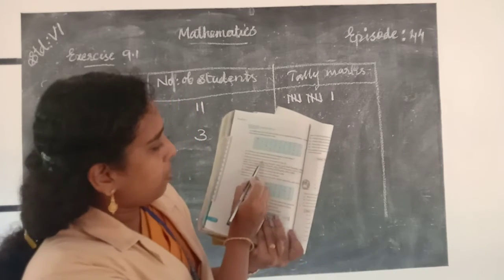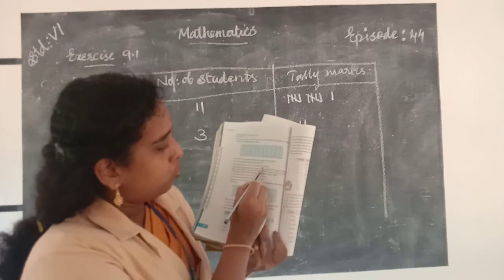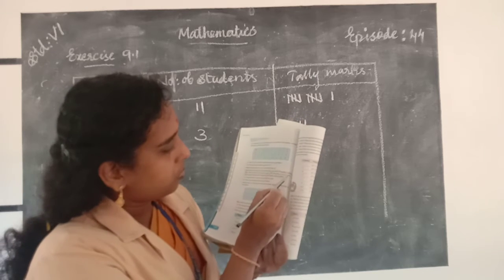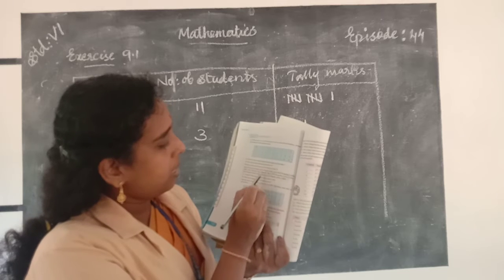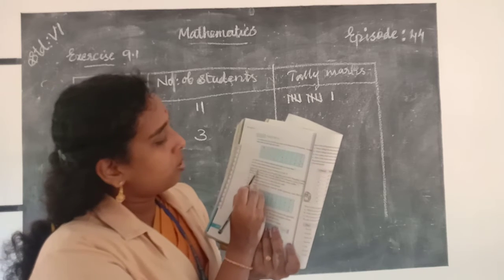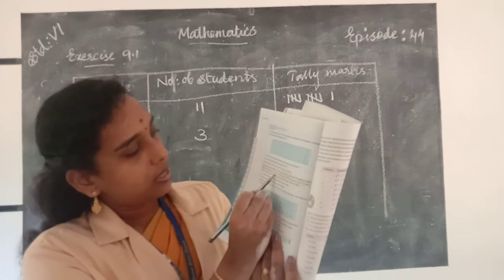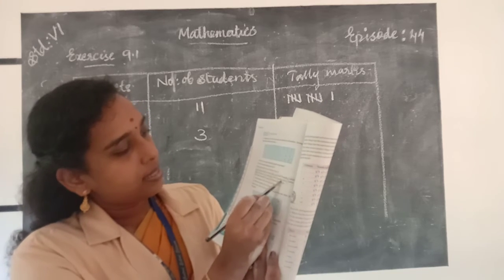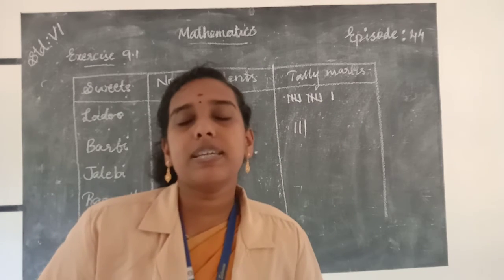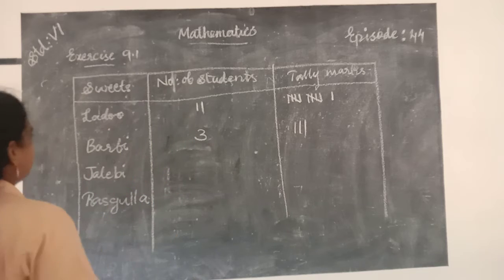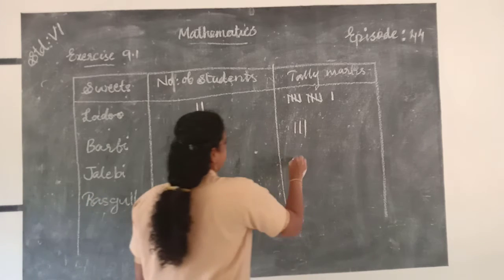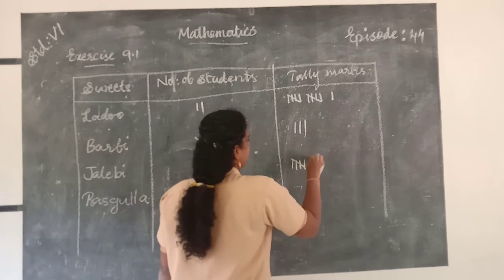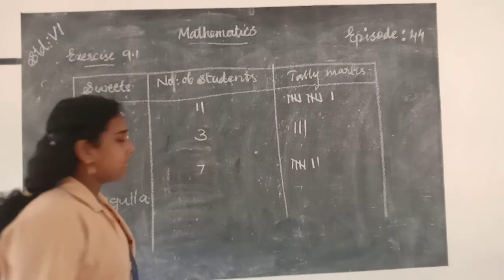For jalebi: 1, 2, 3, 4, 5, 6, 7. So 7 students chose jalebi, and we write 7 tally marks. Then rasgulla.